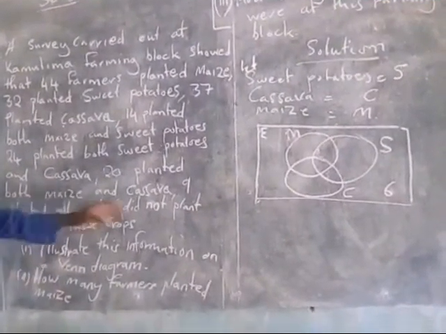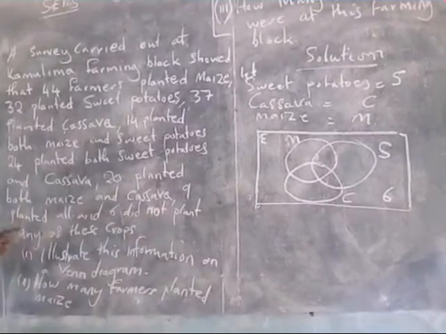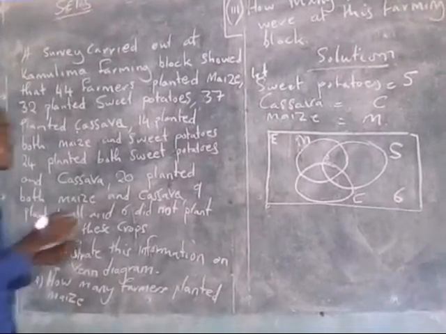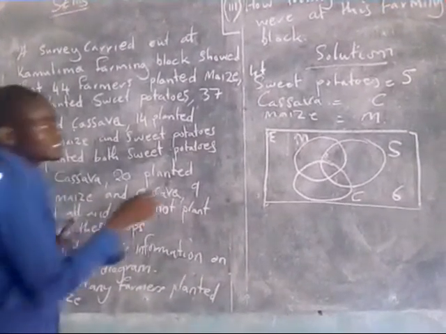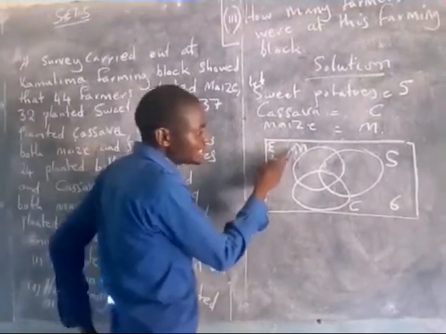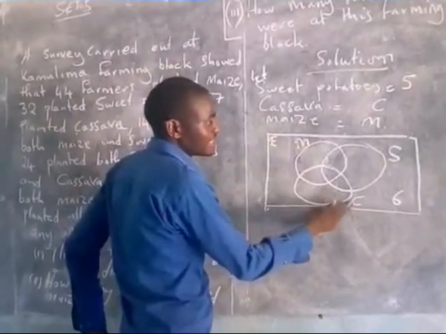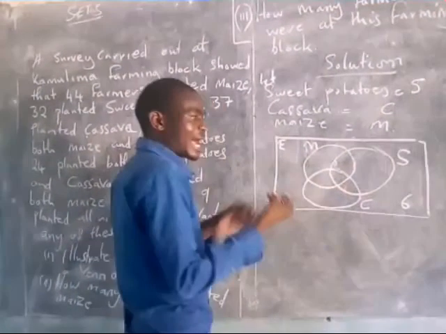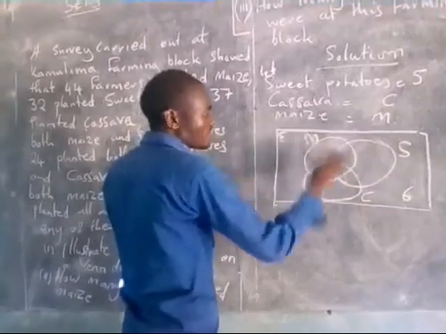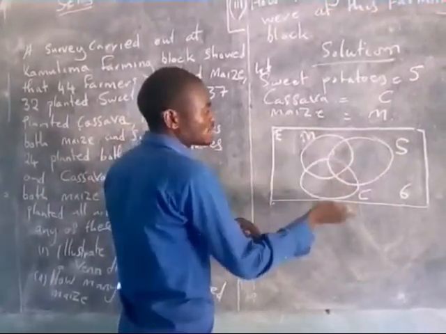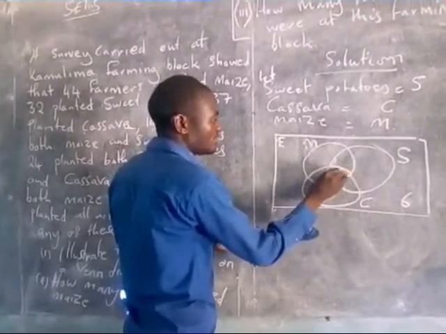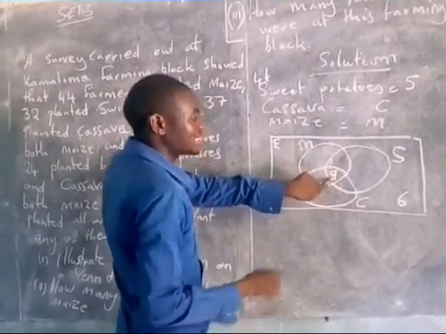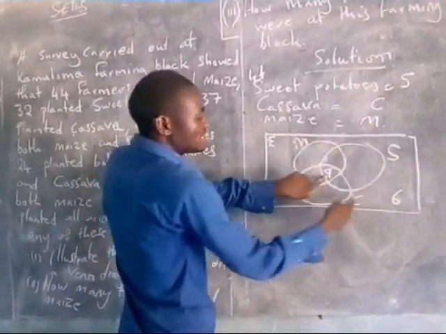Then we are told that 9 planted all the crops. So they planted maize, cassava, and sweet potatoes. We are going to write our 9 at the intersection of all 3 sets.